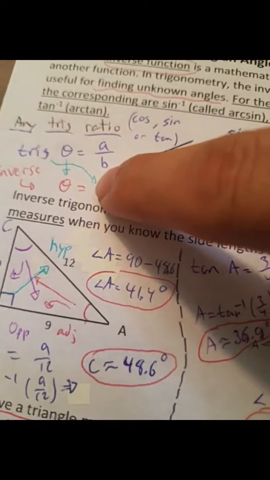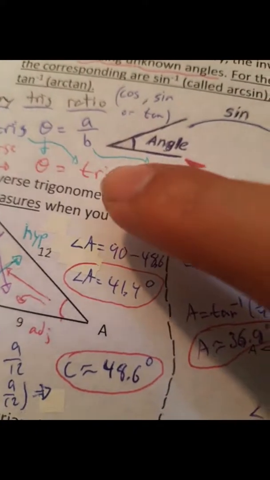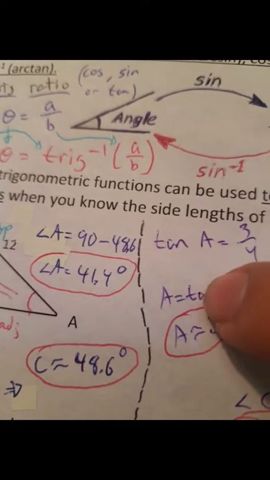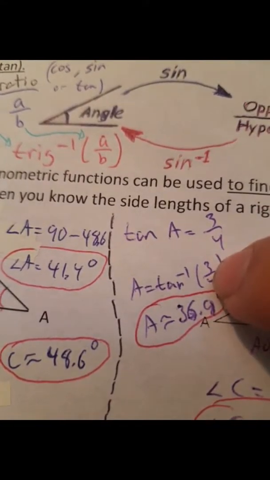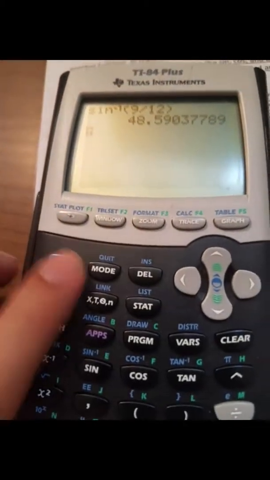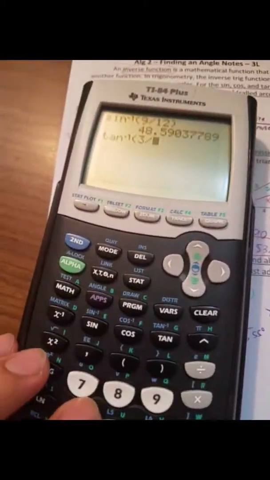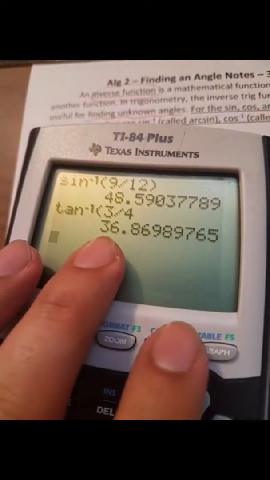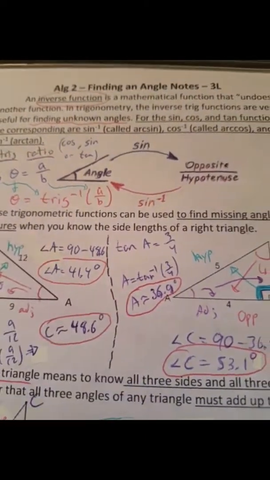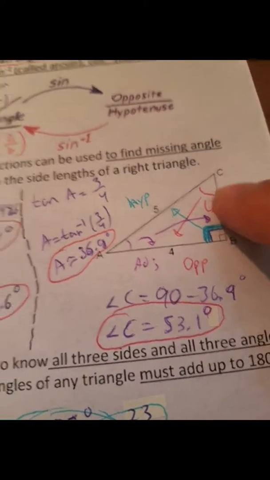Now you want to find the angle, so you follow the format: angle equals inverse tangent of 3 over 4. There you go. To the nearest tenth it's 36.9. 90 minus that 36.9 will give you the angle of the other one.